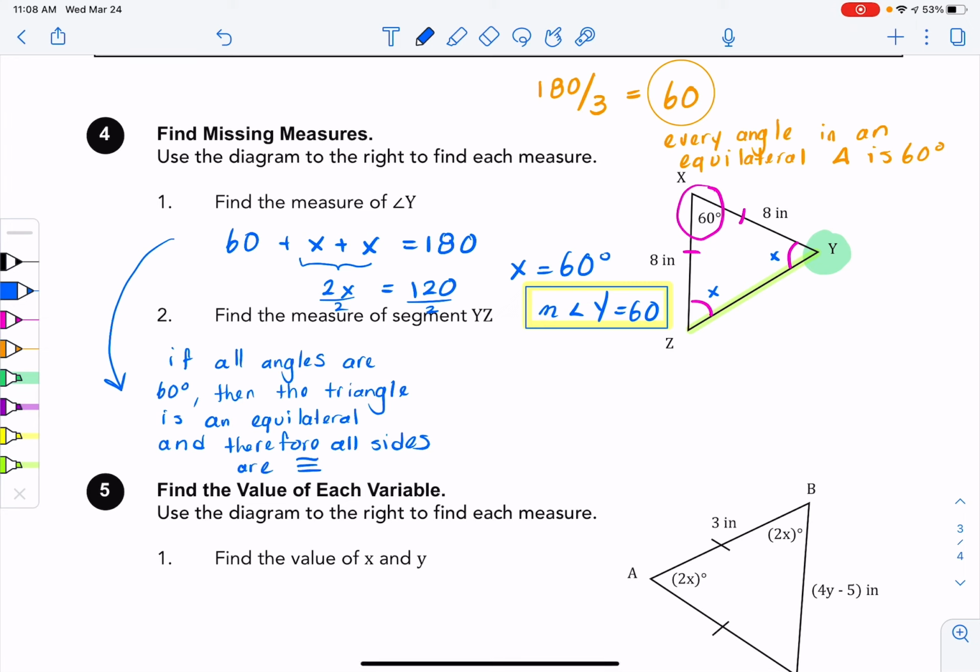So based on part 1, we know that all sides are congruent, and if the previous two sides are 8 inches, then we know that segment YZ is also 8 inches, based on the isosceles and equilateral triangle theorems.